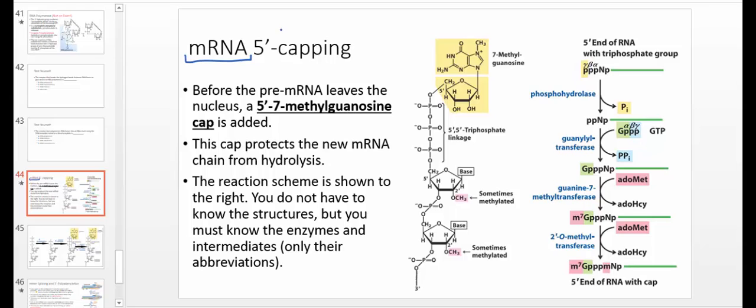The first step of mRNA processing is something called 5' capping. And essentially what we're going to add is something called a 7-methylguanosine cap. This is a protective measure that the cell uses to protect the mRNA from hydrolysis. And as we'll find, it also serves as a recognition part for the ribosome. We won't talk very much about that.